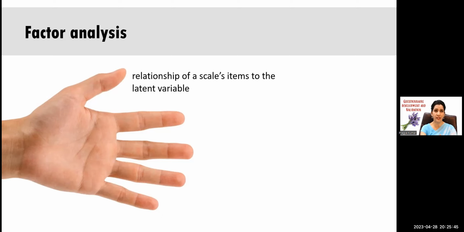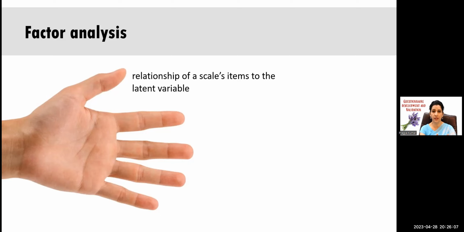So this factor analysis is basically a mathematical statistical technique which clubs the similar looking items or similarly constructed items together. And in this factor analysis, it actually measures the relationship of the scale item to the latent variable.